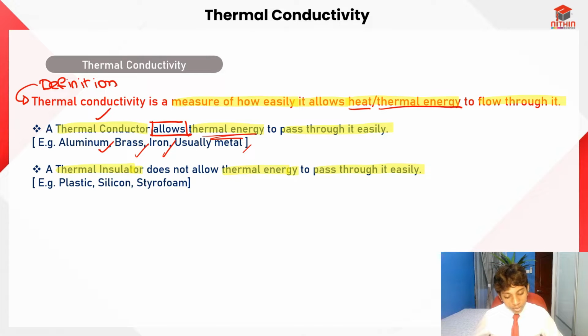So this is the difference. While a thermal conductor allows thermal energy to pass through it easily, a thermal insulator does not allow thermal energy to pass through it easily. Okay, so I hope you understood that.